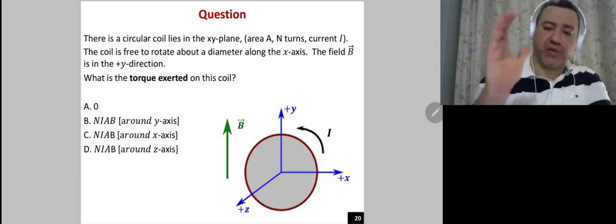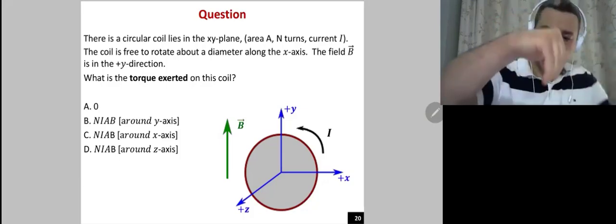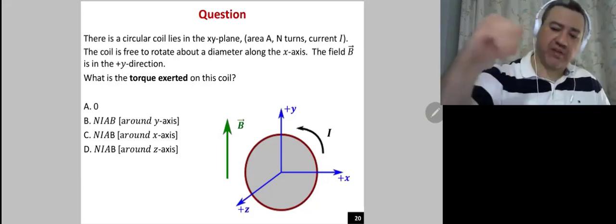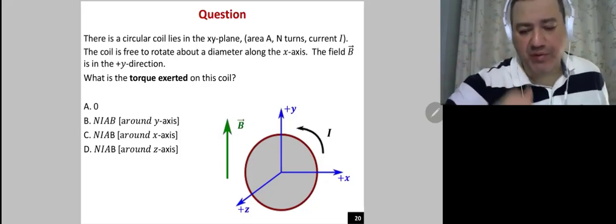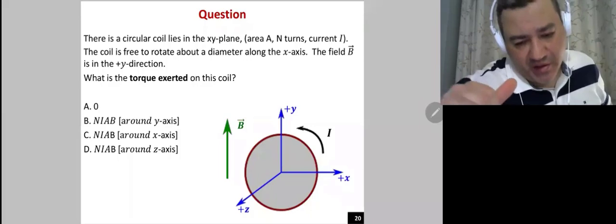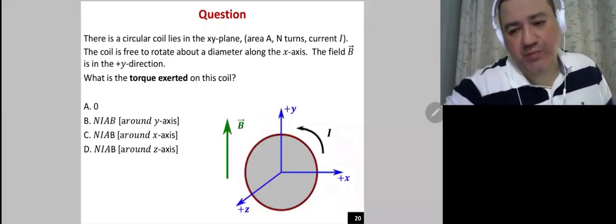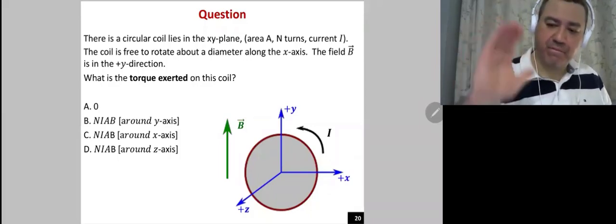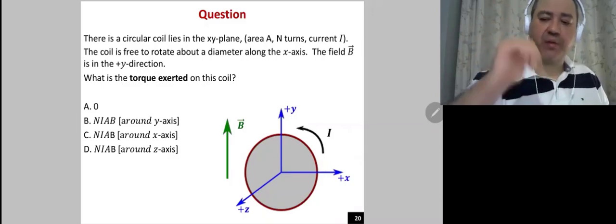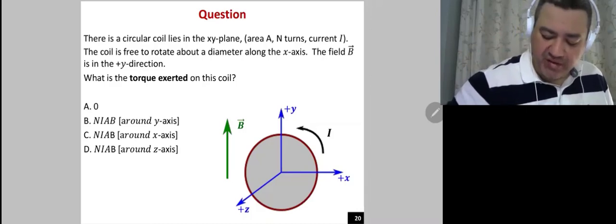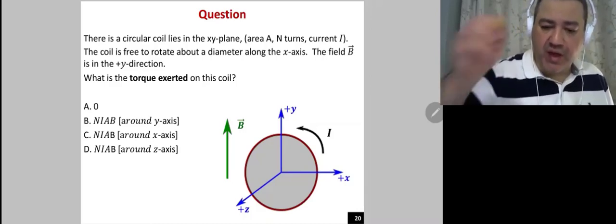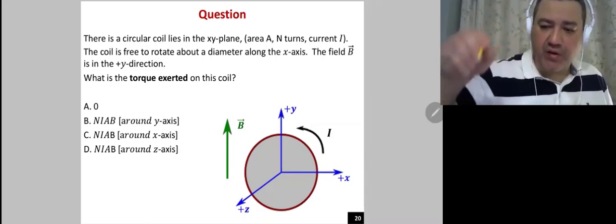So if you take your fingers as the direction of the current, then the thumb would be the direction of the induced magnetic dipole moment or the induced magnetic field inside this loop. So this way, the thumb is the direction of the magnetic field generated by that current going into this loop.